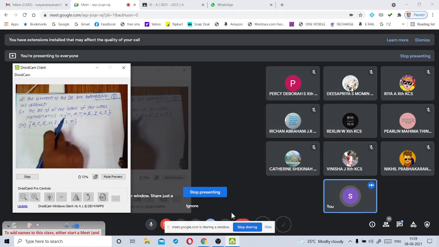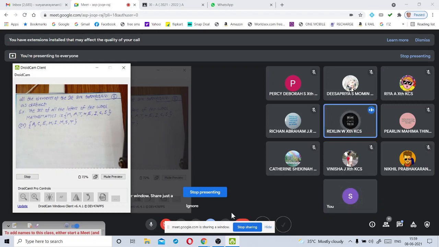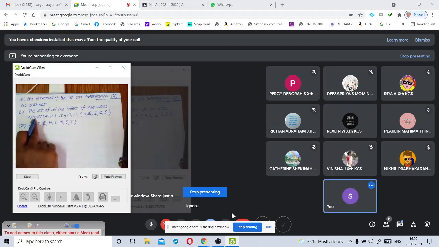Both sets. Sir, yes, my dear Rexlin. Sir, but in morning class you said that the elements should be in lowercase letters. Yes, yes. But here we are choosing the letters of this given word. Just now Ria asked the same question.